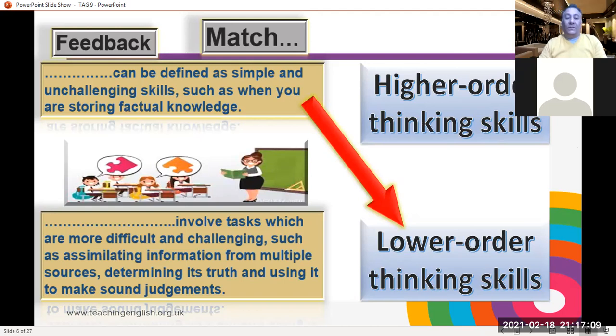Okay, this is a definition of higher order. Higher order thinking skill involves tasks which are more difficult and challenging, but the lower order is just easy tasks, like saying or telling facts, storing factual knowledge, and so on.